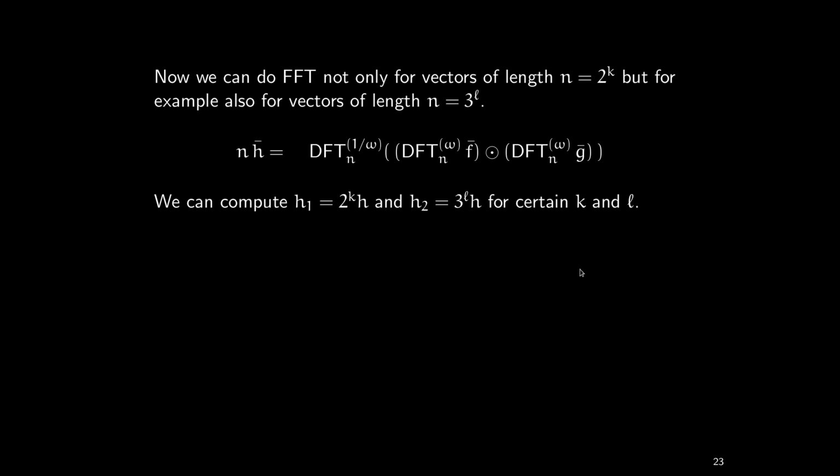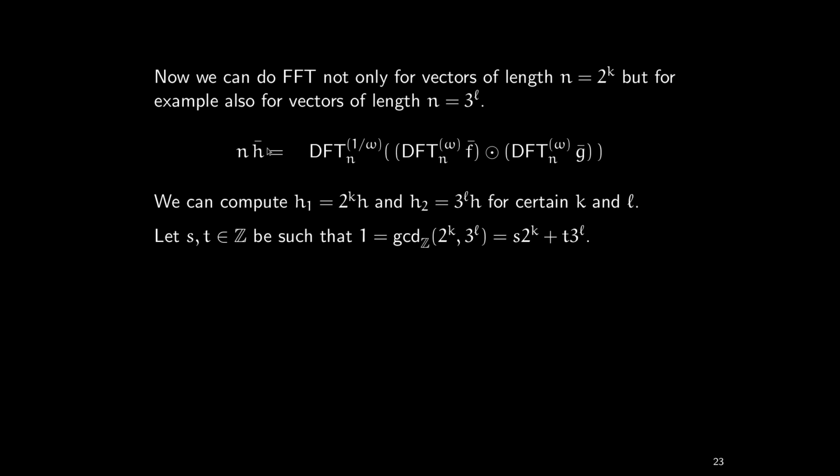And 2 to the k and 3 to the l are integers. In the field they may be 0, but if I write them down as they are written here, then I can look at them as integers. And as integers they are coprime. And therefore by the extended Euclidean algorithm I can linearly combine them to 1. So I can find s and t such that this linear combination is 1.